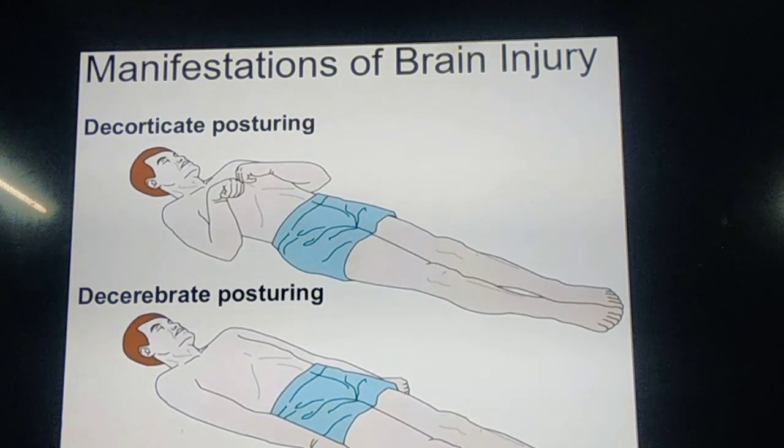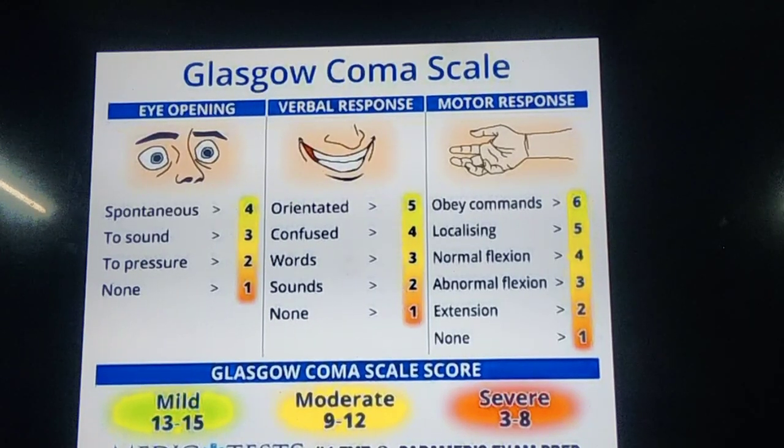Decorticate is abnormal flexion and decerebrate is abnormal extension. So these are the manifestations of brain injury. I hope how to assess each component is clear.